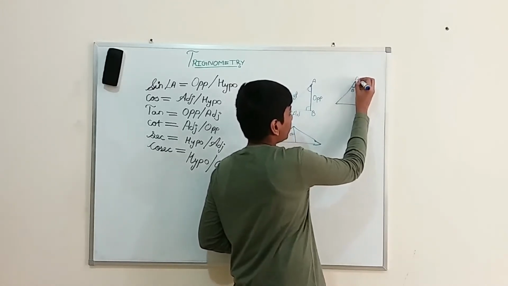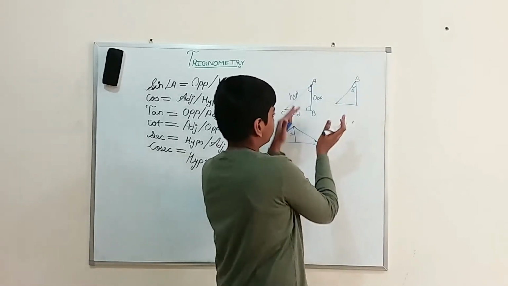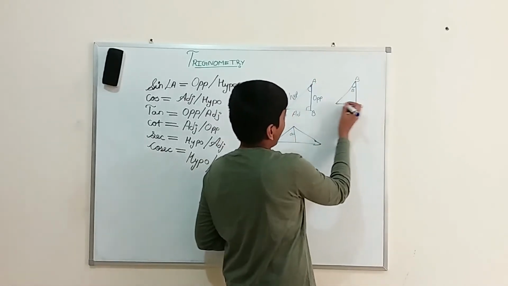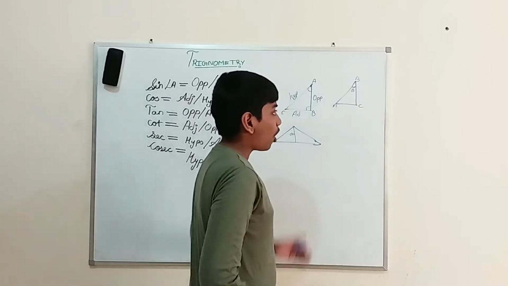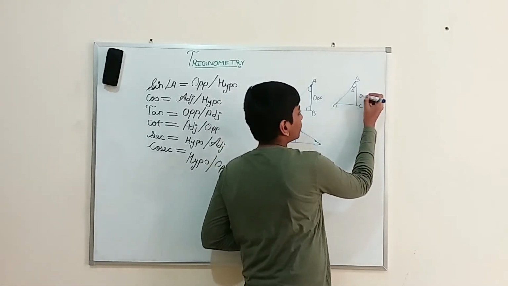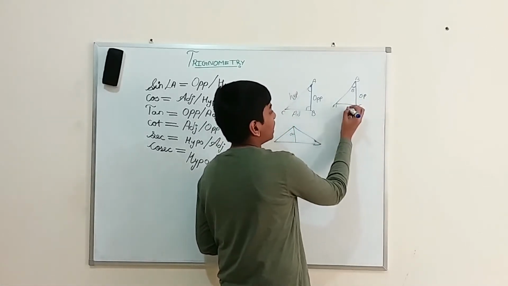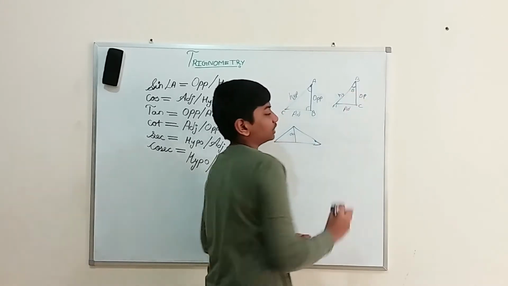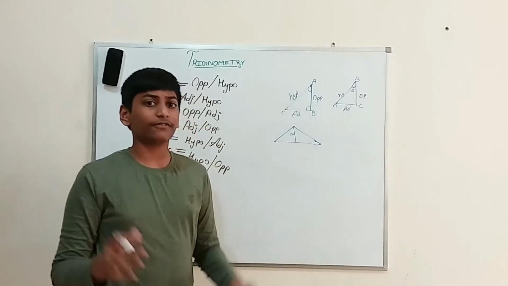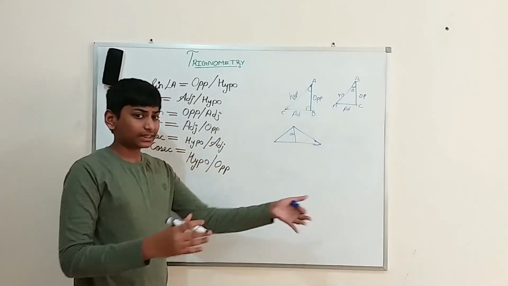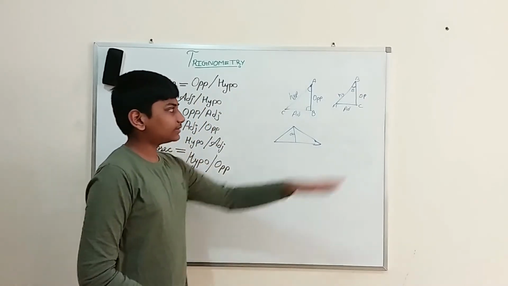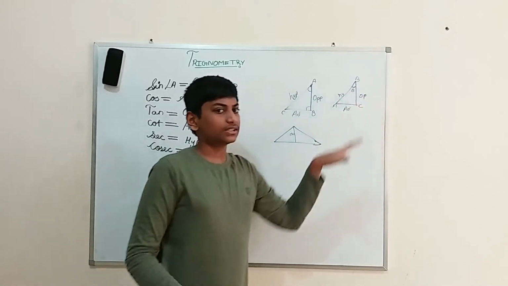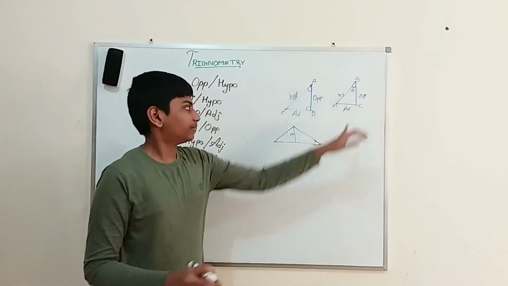So this is angle B, this will become C, and this will become A. So what is the opposite side? It is BC, the adjacent is AC, and the hypotenuse is AB. So always the longest side is the hypotenuse, the base is the adjacent, and the side or the height over here is always the opposite.